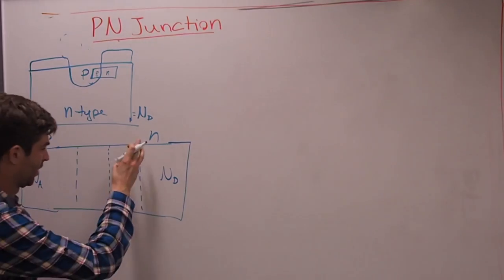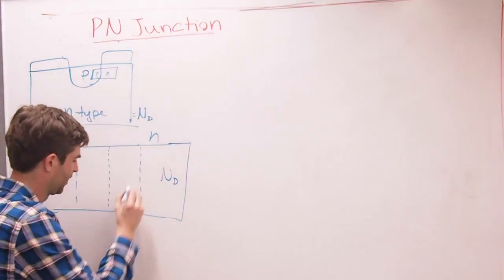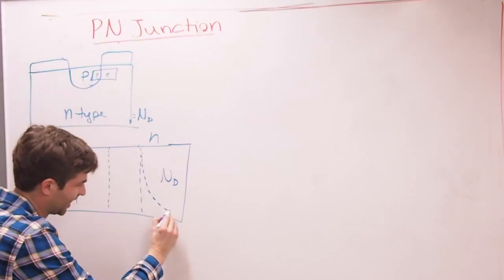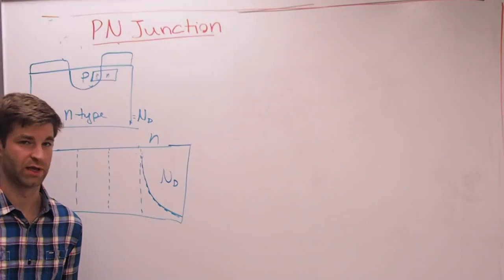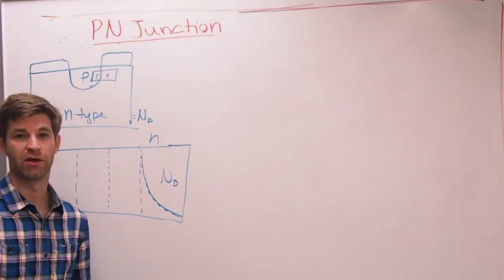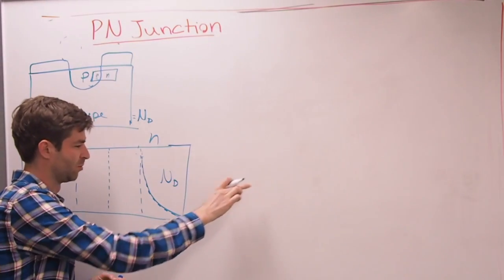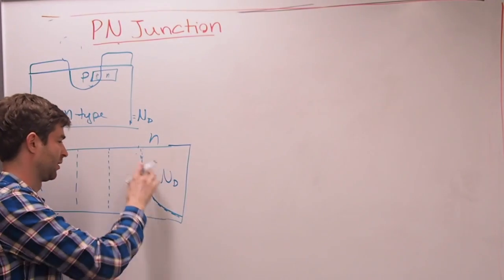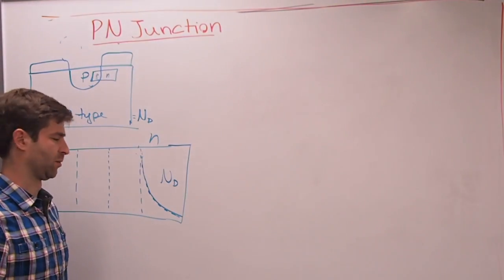What happens is, the holes diffuse over here and build up, but then they decay exponentially. Why do they decay exponentially? Because they're minority carriers in a sea of majority carriers, and they have some characteristic minority carrier diffusion length. So as they go further and further into the bulk, the holes that diffused over here will just recombine, and they won't be there anymore.